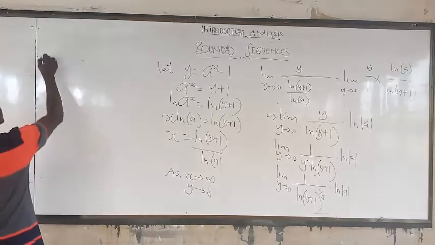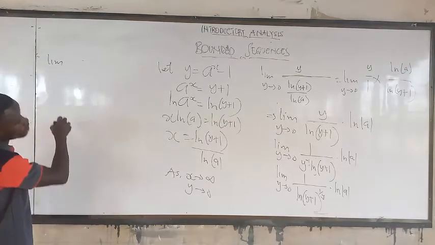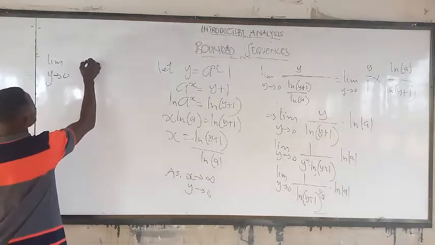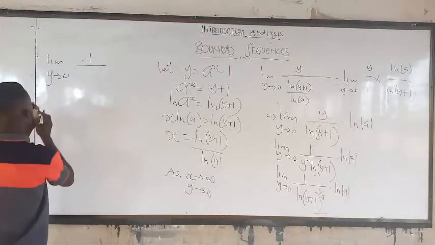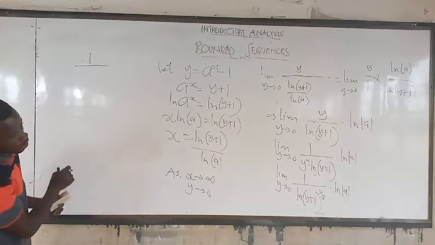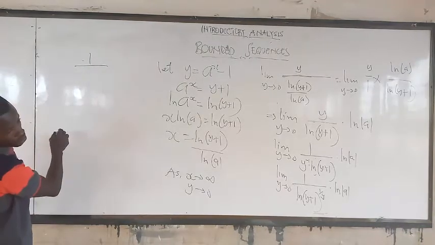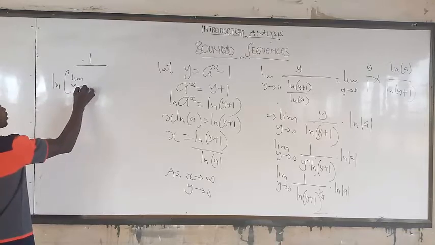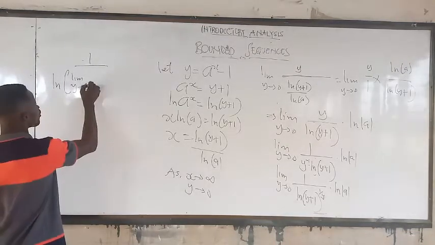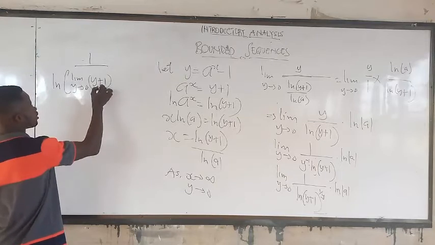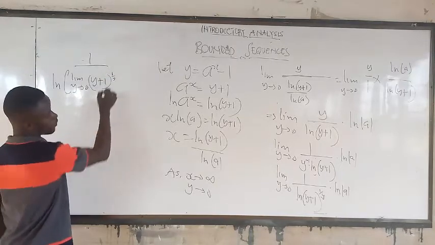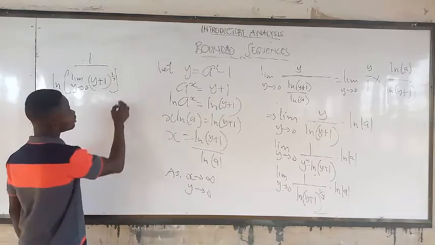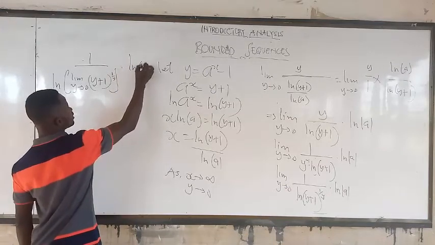So we get 1 over ln of the limit as y approaches 0 of (y plus 1) raised to the power 1 over y, then multiplied by ln a.